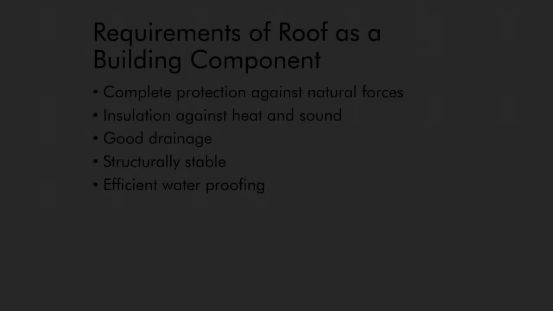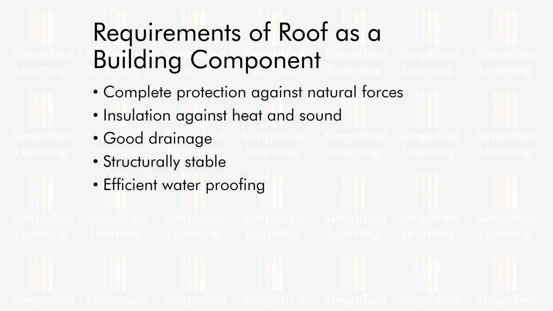Then we are going to see the requirements of a roof as a building component, meaning the basic functionality that the roof should have. First, it should provide complete protection against natural forces, that is, sunlight, wind and various forms of precipitation. Then it should provide adequate insulation against temperature and sound or noise.